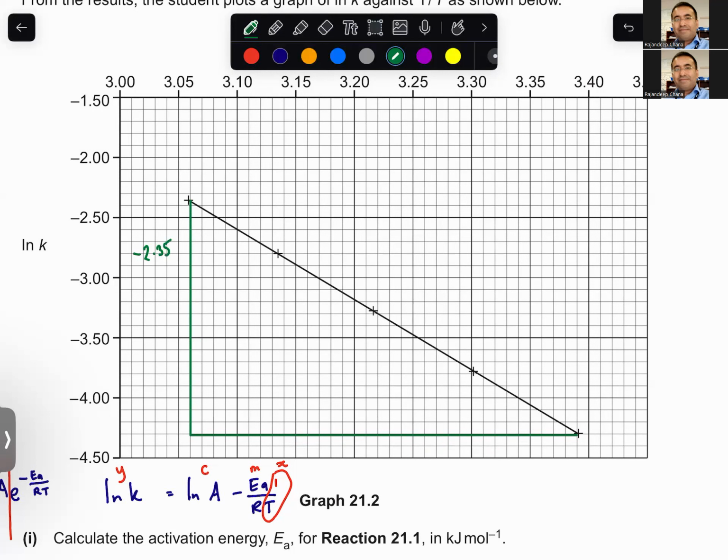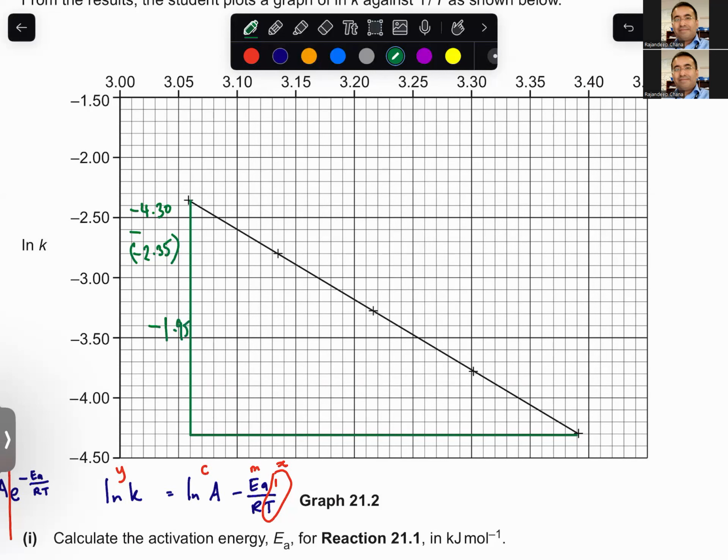So let's do minus 4.30 minus that, which gives you 4.30 minus minus 2.35. That gives you minus, that's minus 1.95.